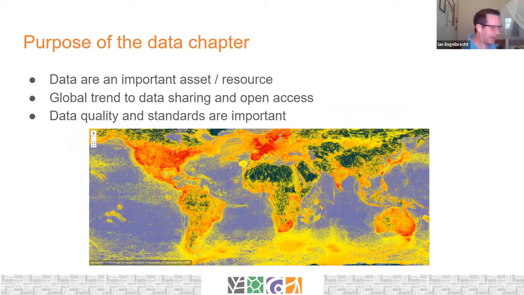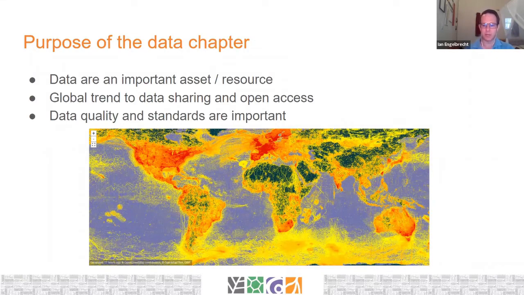Okay, so why do we have a data chapter in the manual? Data are one of the really important assets that museum and herbarium institutions have and take care of. It's one of the main focus areas of developing the NSCF to try and improve the way that data are being curated and especially being published and made openly accessible. There's this global trend towards people providing their data online.